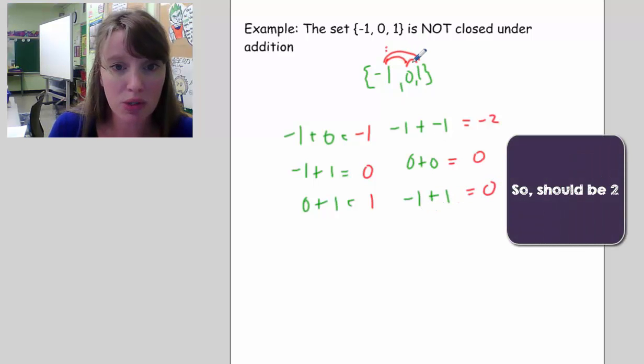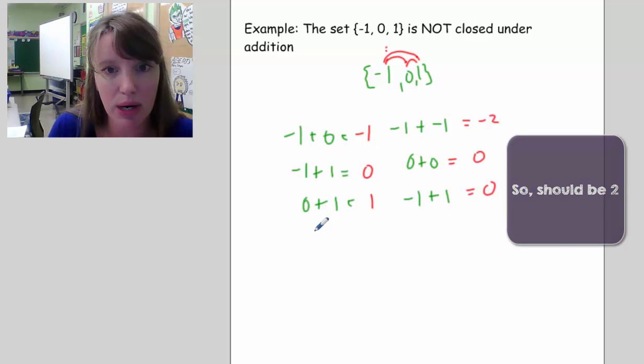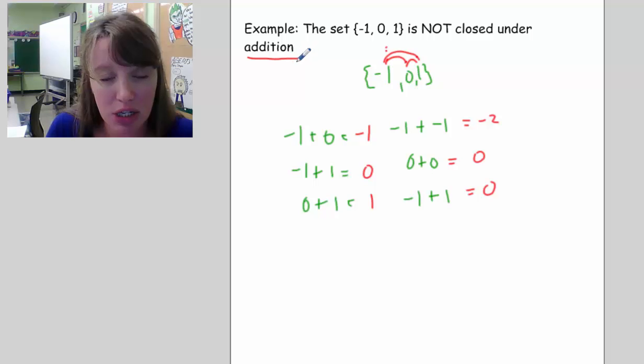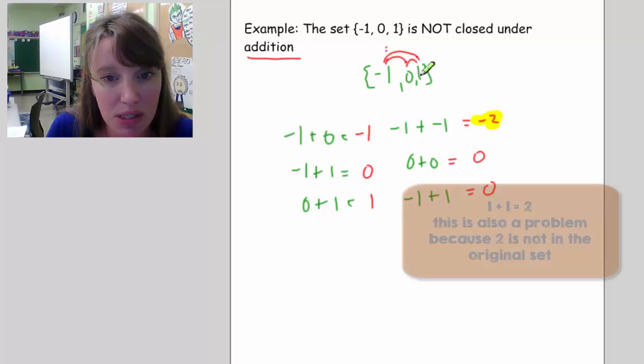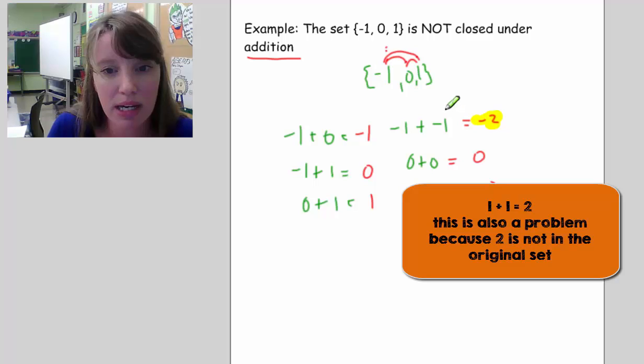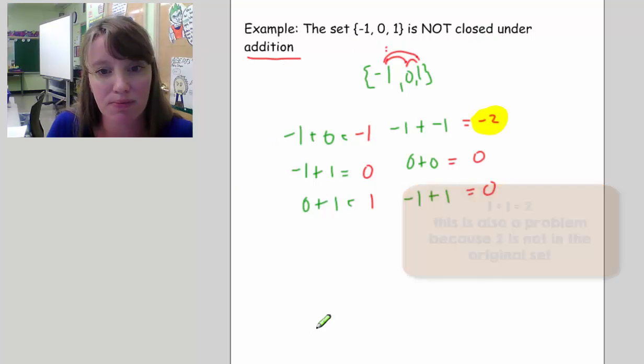So it's closed if upon operating, and when I say operating, in this case I mean addition, I can add every number in the set and get another number in the set. Well, the problem is here, this -2. -2 is not a number in the set. So -1 plus -1 gets you a number that's not in the set. So this set is not closed under the operation of addition.